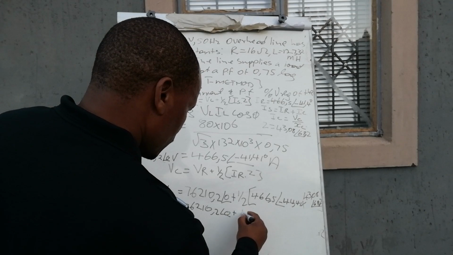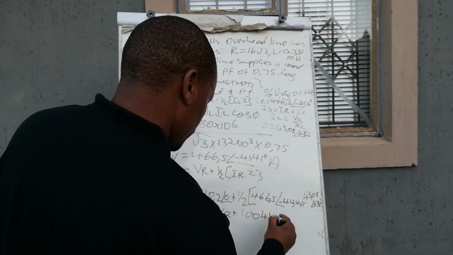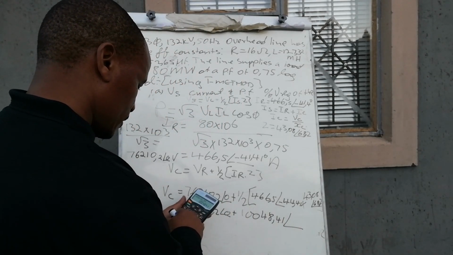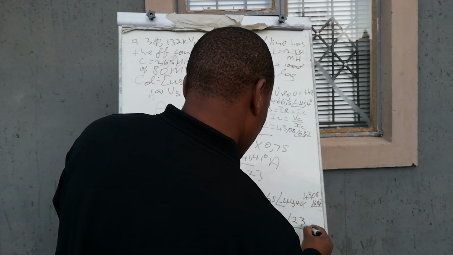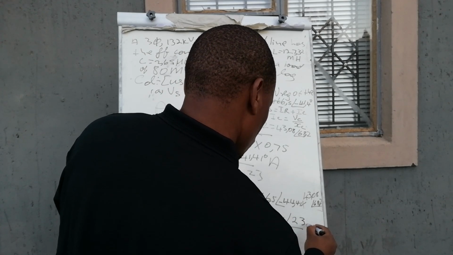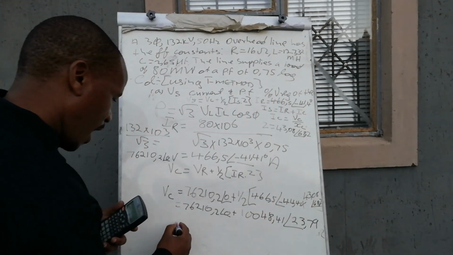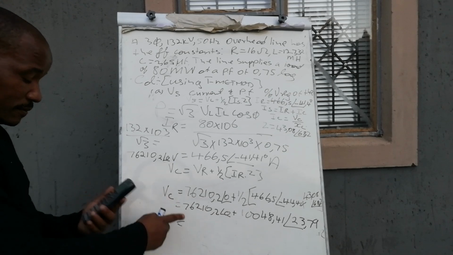This is 148.41 angle of 23.79. Now we can add this, then we're going to get VC.